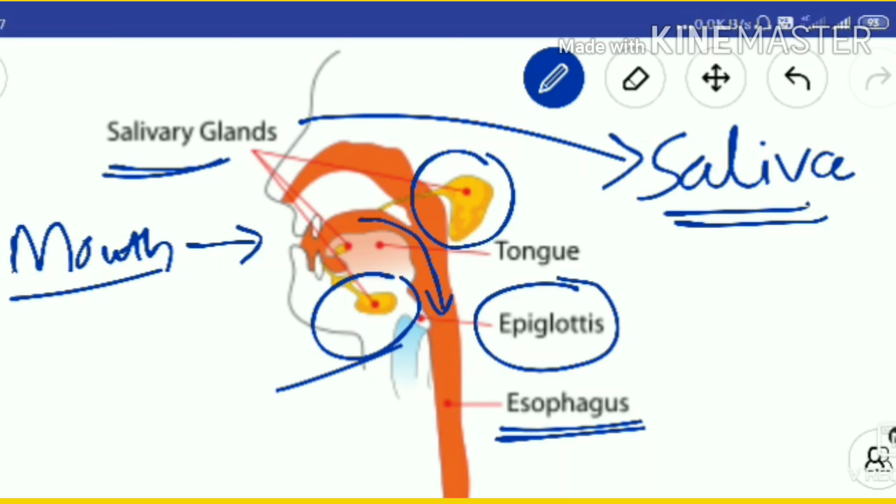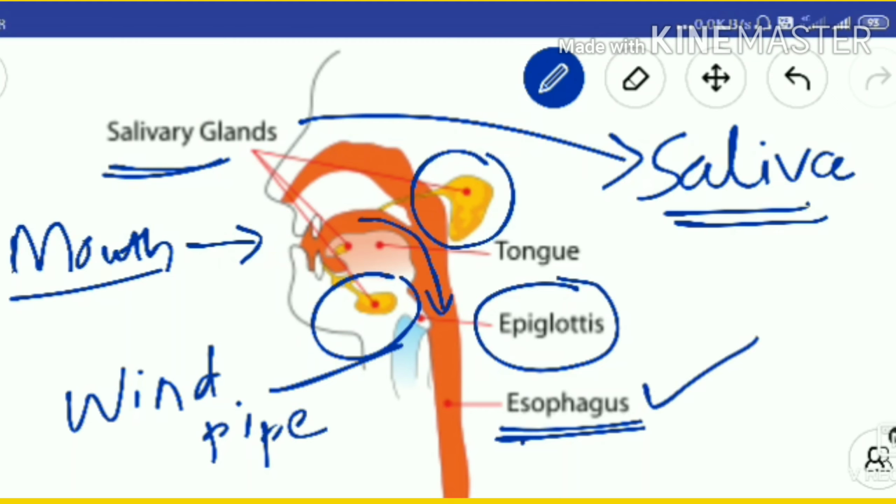See, look at here, a blue color structure. That is actually the windpipe. And this red color structure is the esophagus. Esophagus is part of the digestive system, part of the alimentary canal, whereas the windpipe is part of our respiratory system.